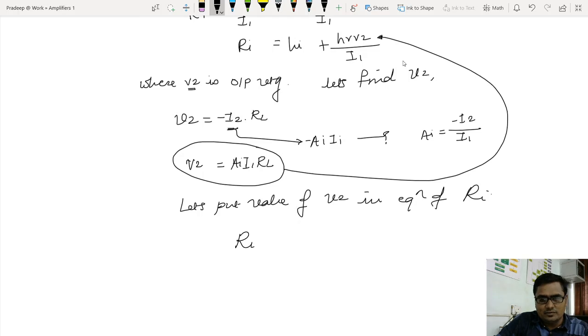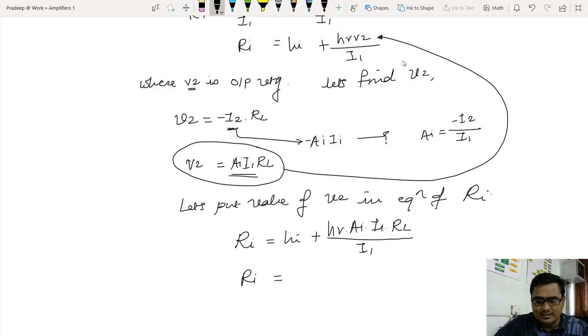Then the equation of Ri will become Hi plus HR multiplied by this value of V2. So it will be HR multiplied by AI multiplied by I1 multiplied by RL divided by I1. So can I cancel I1 and I1?